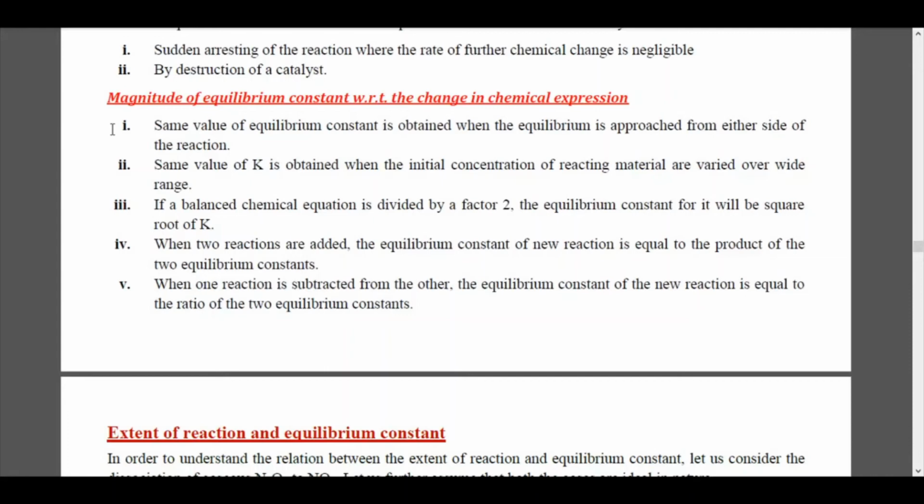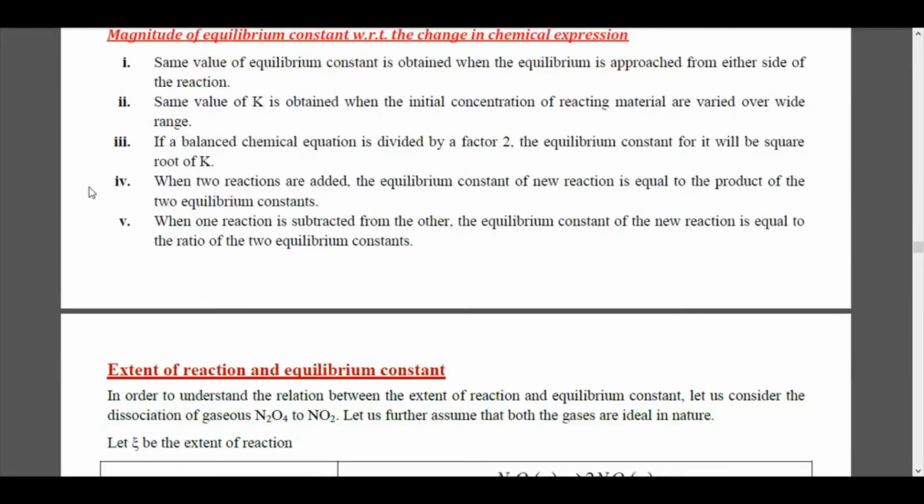Then the third property is if a balanced chemical reaction is divided by a factor 2, the equilibrium constant for it will be square root of K. So if I divide my balanced chemical equation by a factor 2, then my equilibrium constant will be a square root factor. Then when two reactions are added, the equilibrium constant of the new reaction is equal to the product of the two equilibrium constants.